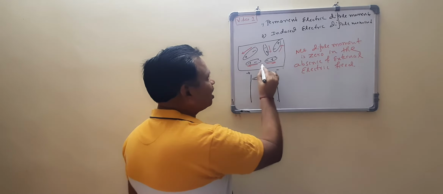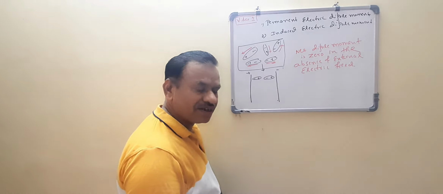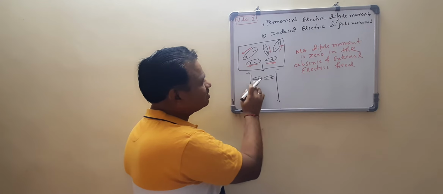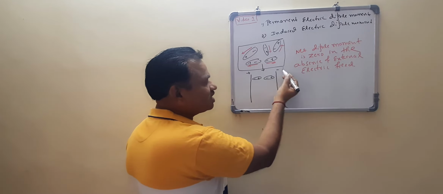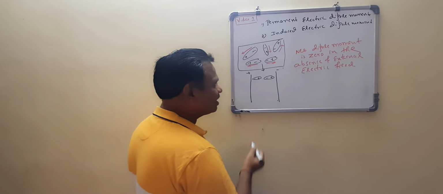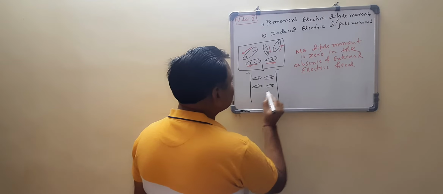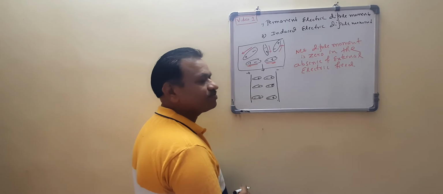This dipole is oriented in this direction because the negative charge is attracted by the positive plate, and the positive charge is attracted by the negative plate. In this fashion, all dipoles are arranged in this direction.